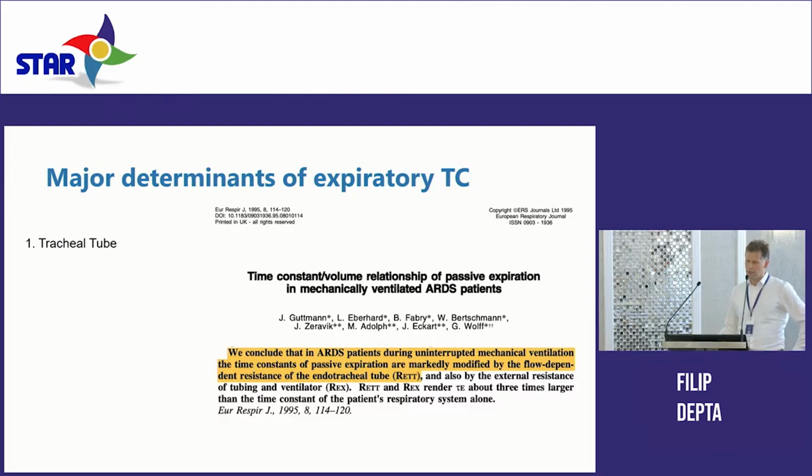He found out that the time constant, or lung emptying of the first 60% of the total respiratory system alone, is significantly shorter, probably 3 times less. When we intubate the patient, it becomes 3 times longer. We're still talking about the first time constant, the time constant measured as the first 60% of exhaled volume. So the endotracheal tube is the sole cause, or the most important cause, why we see this inequality.